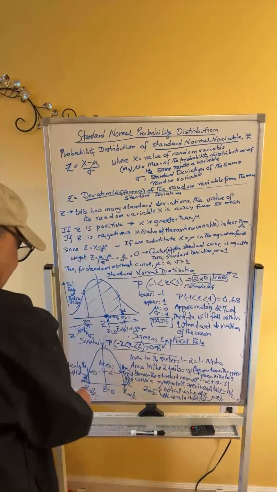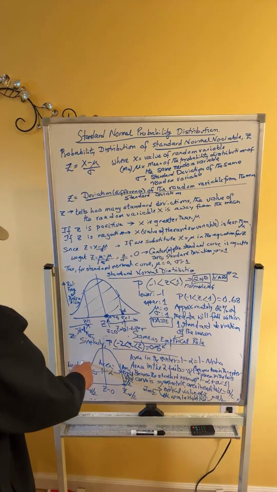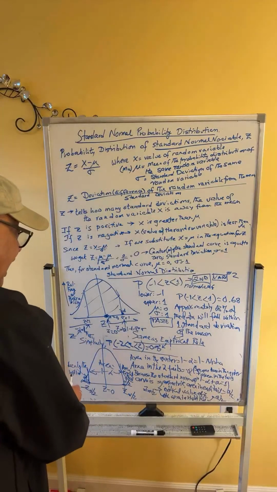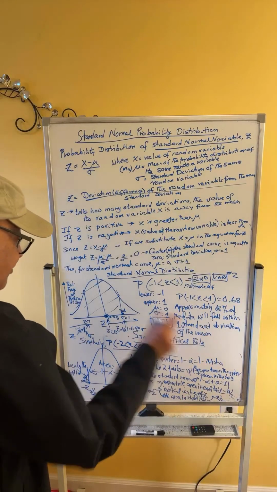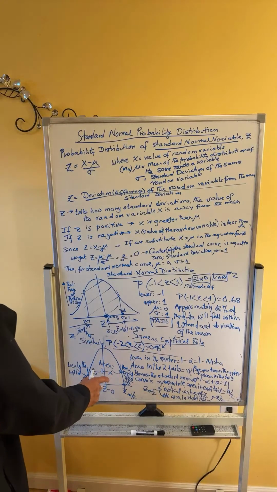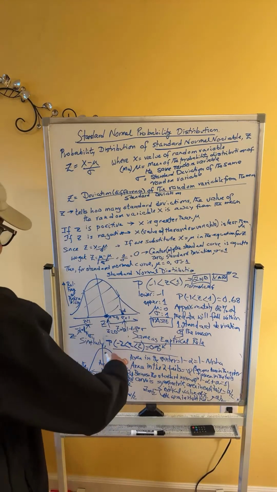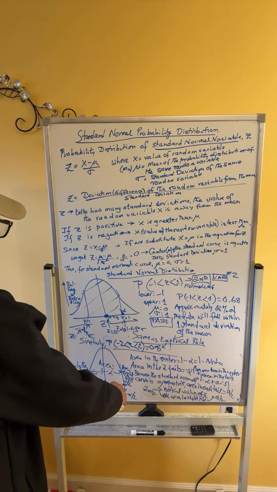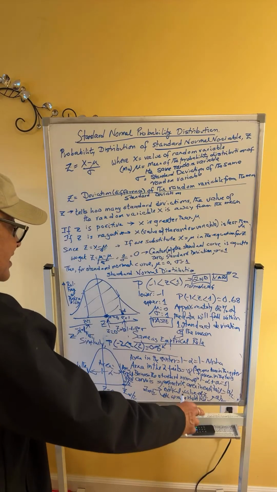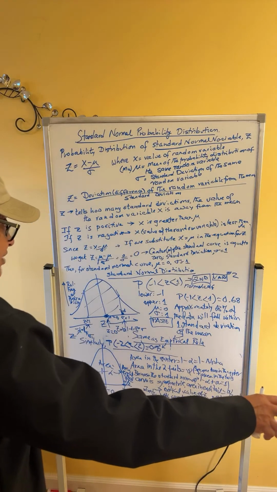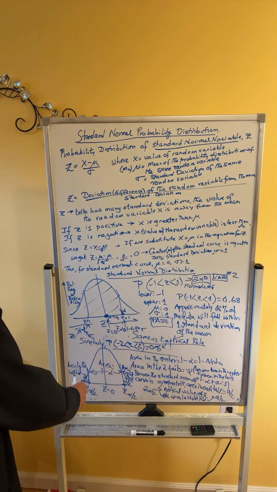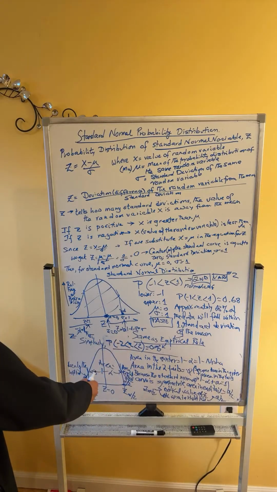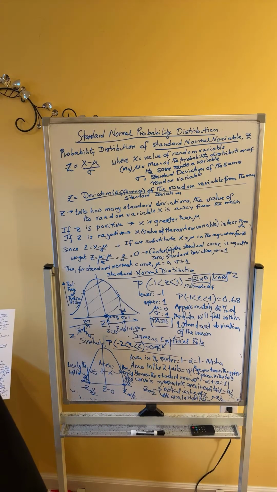Similarly, minus z alpha by 2 is a critical value with area in the left tail alpha by 2. Area in the two tails are equal. Alpha by 2 plus alpha by 2 is alpha, while the area in the center is 1 minus alpha. So if the area in the right tail is alpha by 2, the boundary z value is written as z alpha by 2. Similarly, the boundary in the left tail is minus z alpha by 2. Why minus? Because it's on the left of 0. Okay.